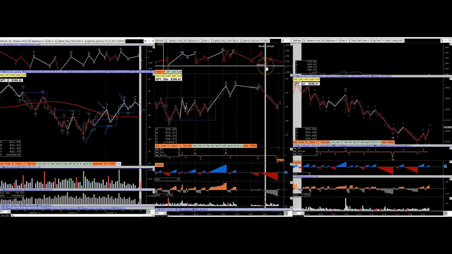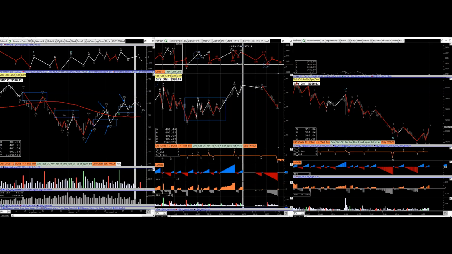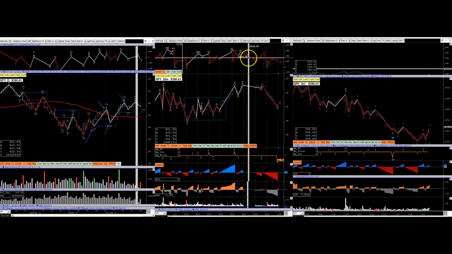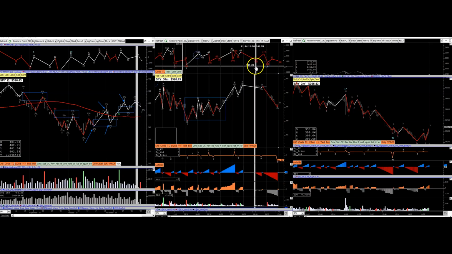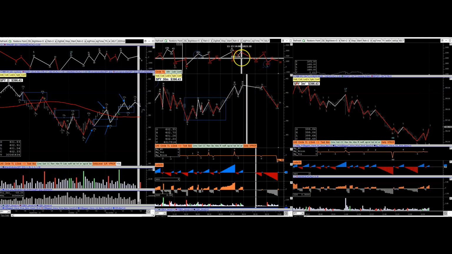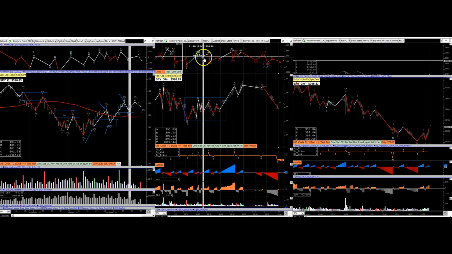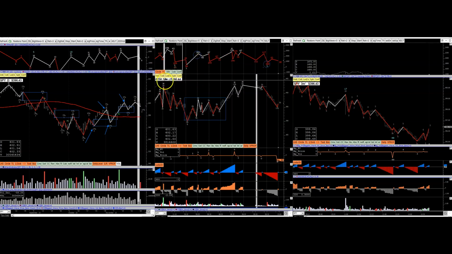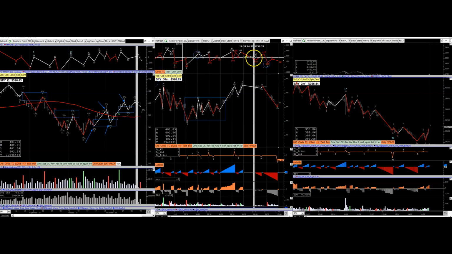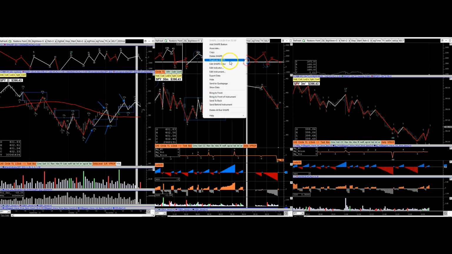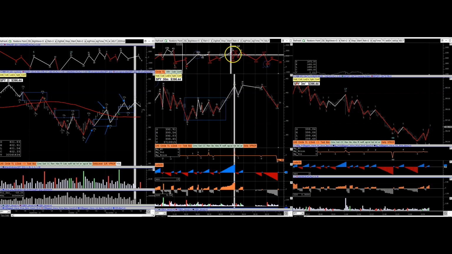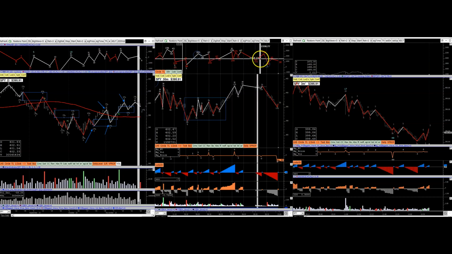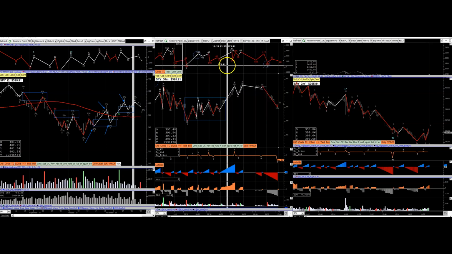I was looking at this before. 152 is the biggest. 1, 2, 3, 4, 5, 6. 6 down waves right there. It actually went negative. See, you saw red. So I mean, this helps you also.